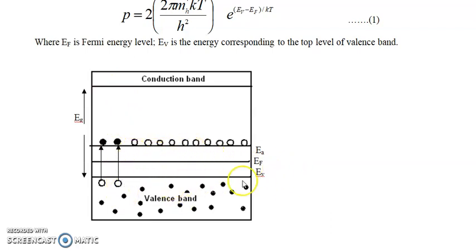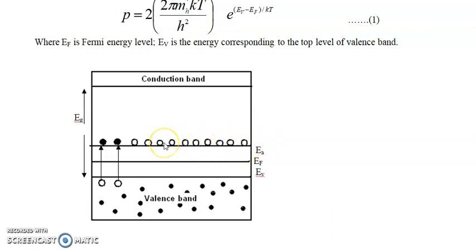Here this is the highest energy of the valence band, EV. This is the energy of the acceptor level, EA. When an electron in the valence band gains a small amount of energy, it moves to the acceptor level. The acceptor level has holes, because we are adding a trivalent impurity to the pure semiconductor, and as a result holes are created.